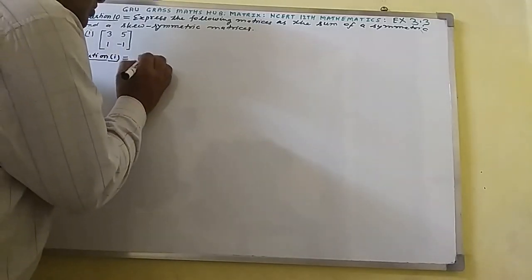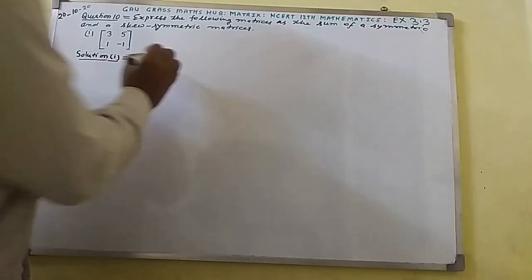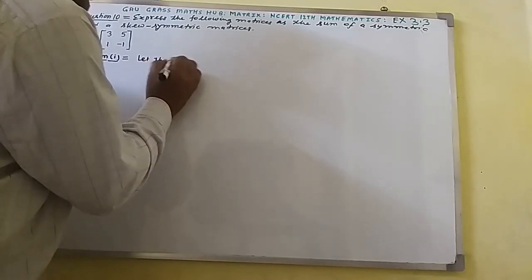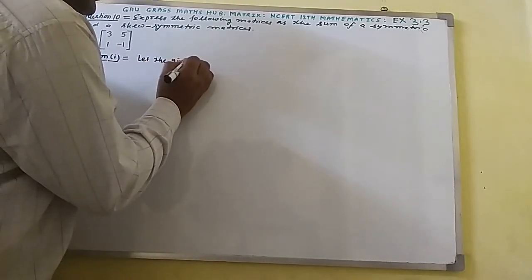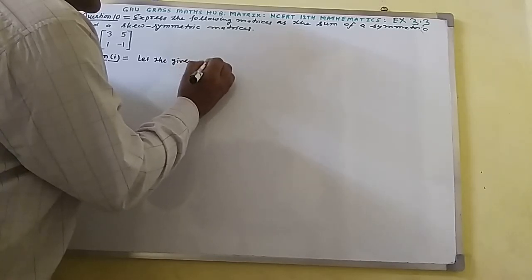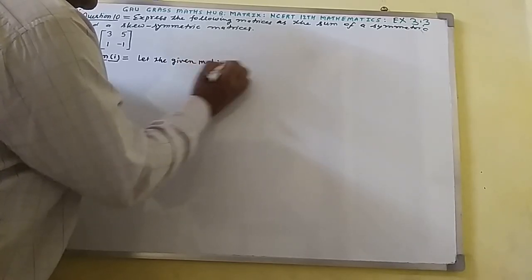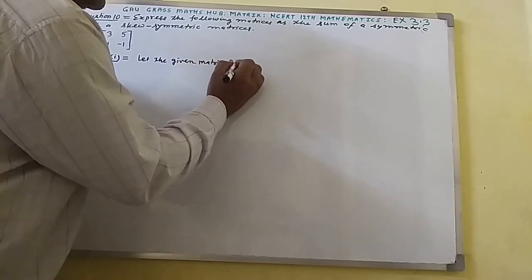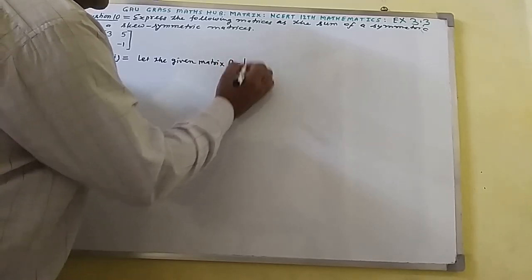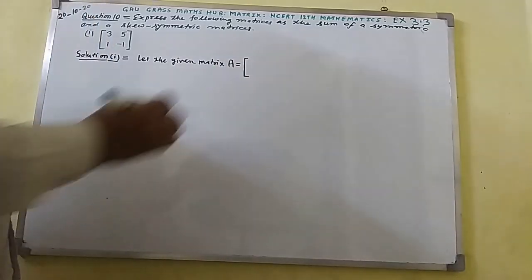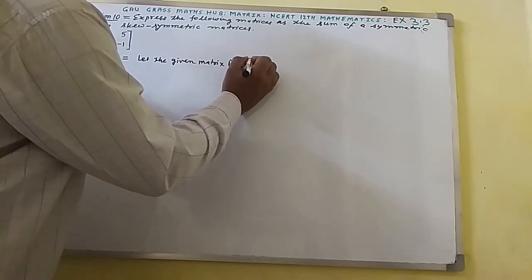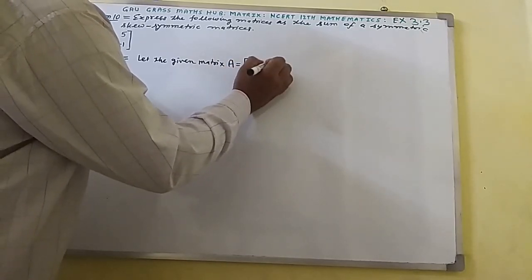So here I shall write, let the given matrix A equal to opening square bracket, the elements of first row 3, 5.